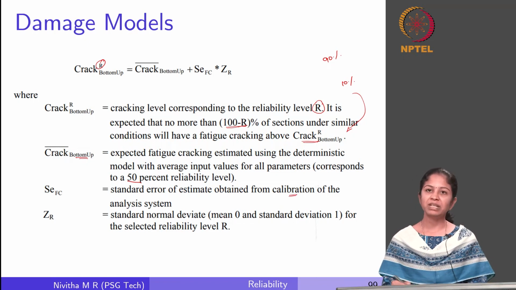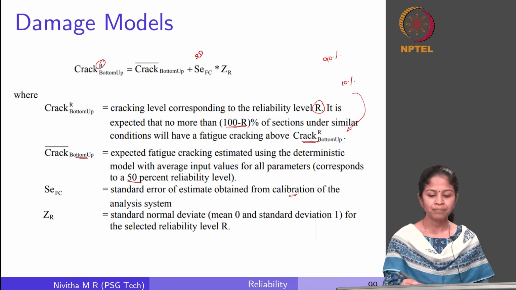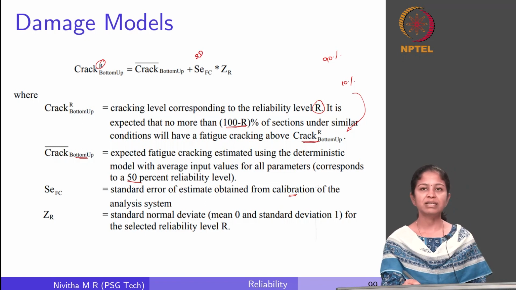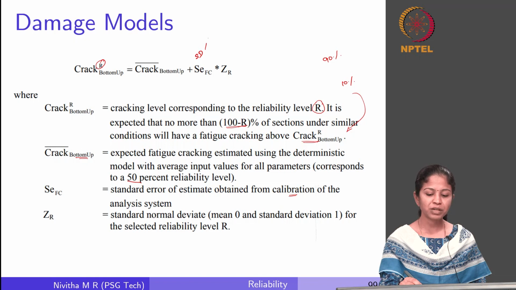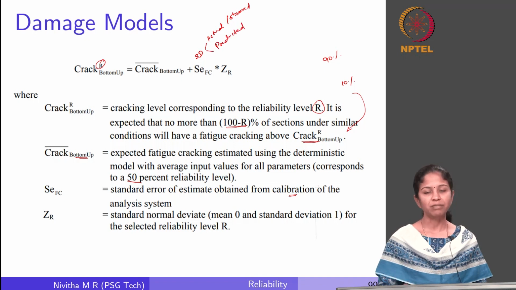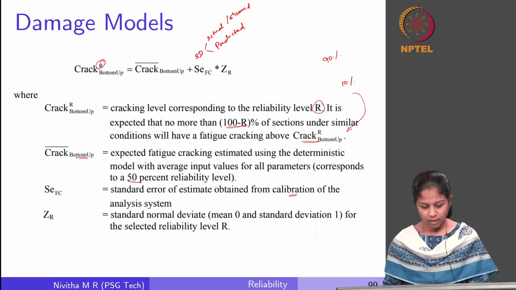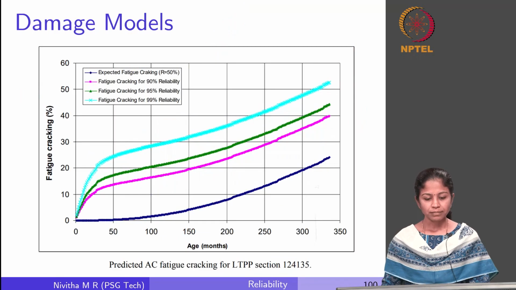If you see, previously it was defined as the standard deviation of the measured value. So, it is corrected as standard error, which is the difference between the actual or observed value and the predicted value, right. So, that is the standard normal deviate.